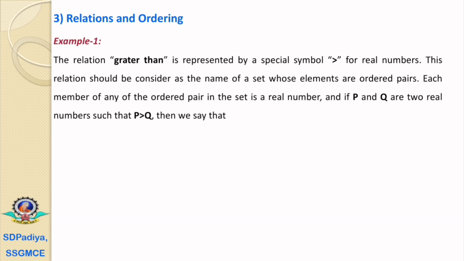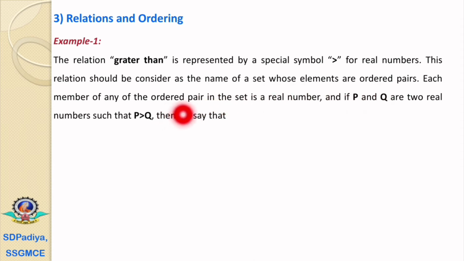Let's take an example: the relation greater than is represented by a special symbol, this greater than, for real numbers. Then this relation should be considered as the name of the set whose elements are ordered pairs.